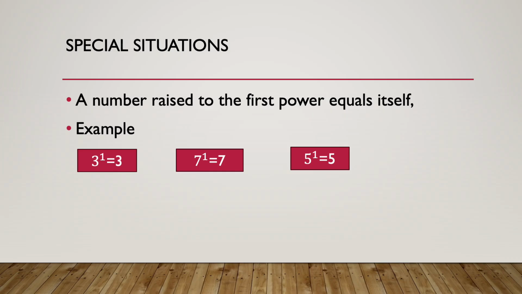So the first power means 1 time, so 5 raised to the first power equals number 5. Number 10. What is the answer? The answer is when number 10 is raised to the first power, it equals number 10.